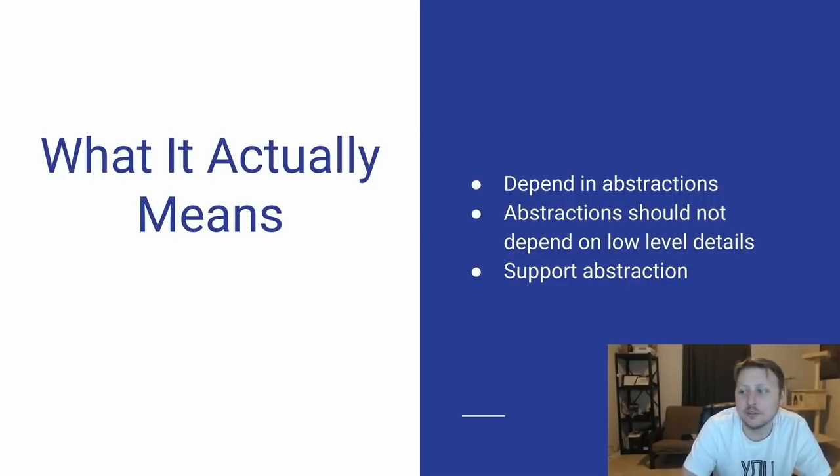Now, the dependency inversion principle is quite unique in the fact that there are several great ways that you can use this. And remember, it relates to object-oriented programming, the SOLID principles.